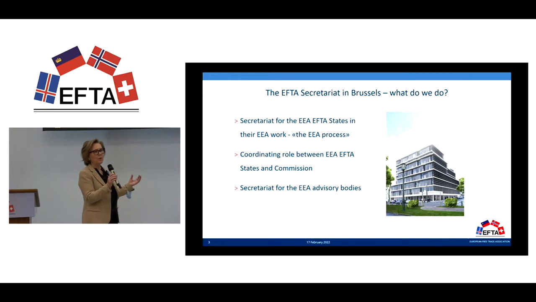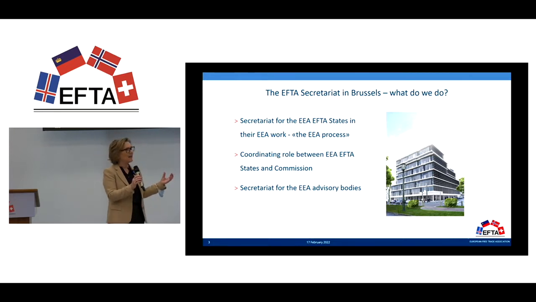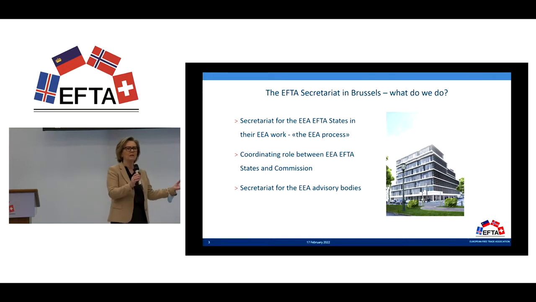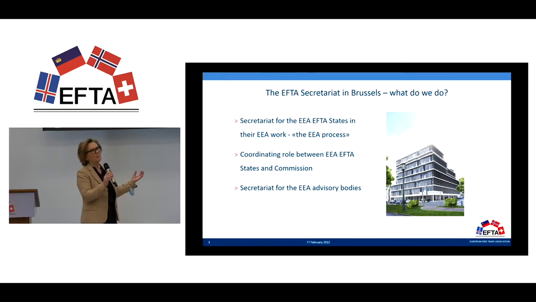That is the work that takes place from when an act has been proposed on the EU side and all the way into incorporation into the EEA agreement. And that is quite some process, and it takes a lot of work and support. And that is why we call it the EEA machinery. And you will learn a lot more about that later on today.